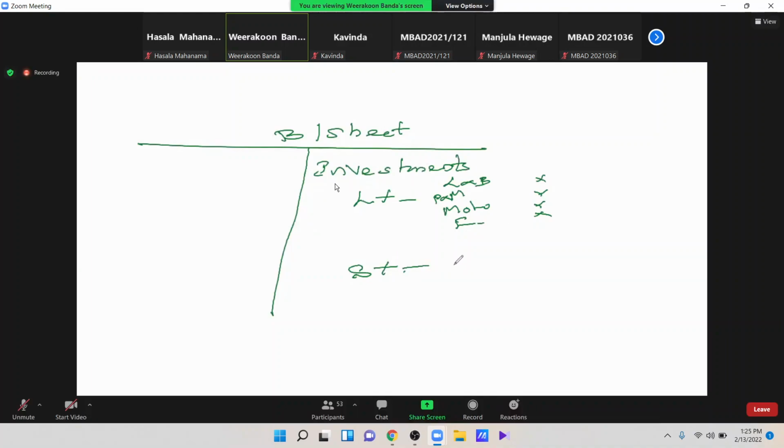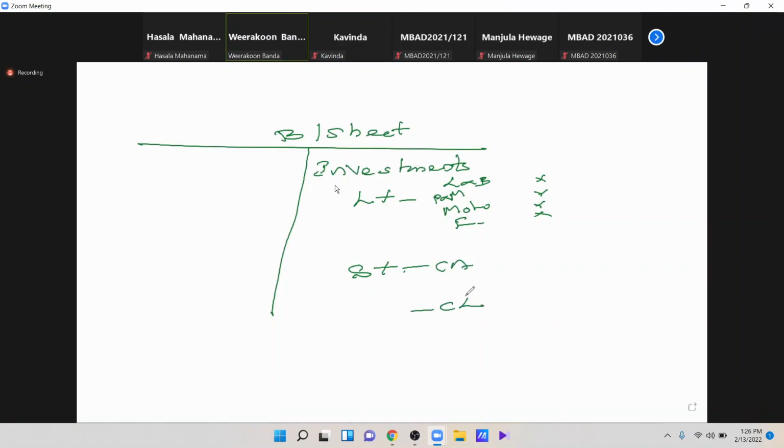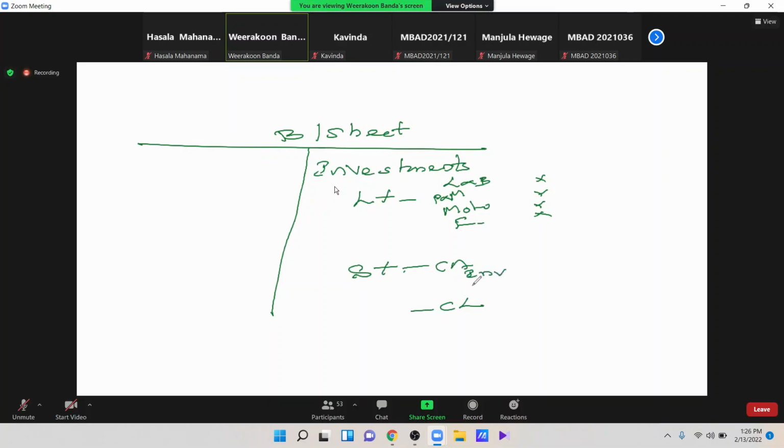Similarly, there is short-term investment also, current assets as well as current liabilities. Then the inventory, debtors, cash balances.